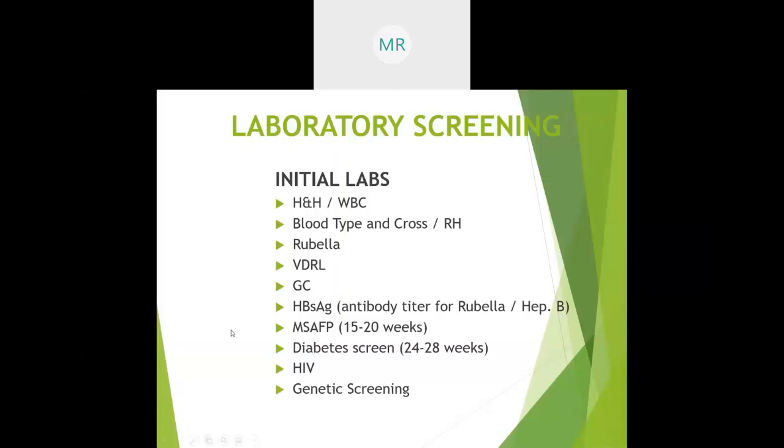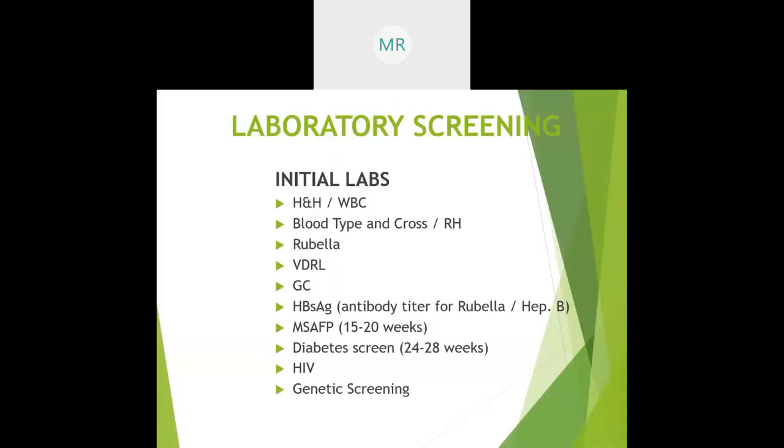But these labs come back, and usually it's given like 1 in 50. So if you know that it's 1 in 50, that's a really low level that this baby is coming with challenges. Okay, a neural tube abdominal defect. So of course then we're going to make sure, and we're going to do some testing.